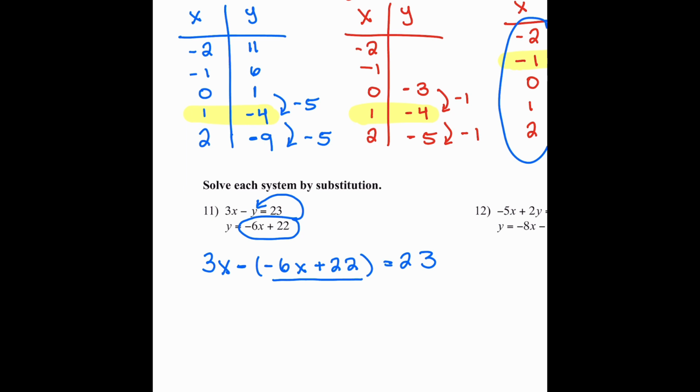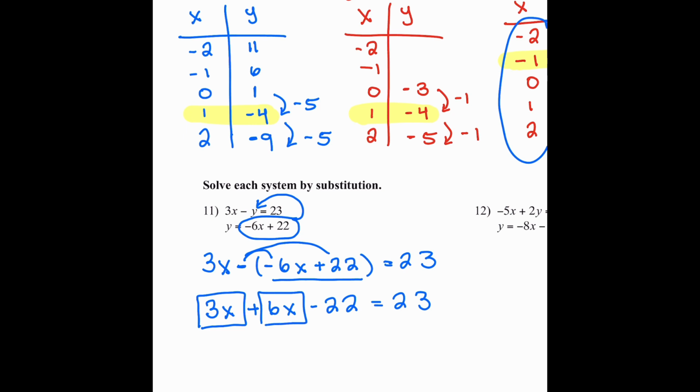And then it's time for me to solve. I have to first distribute this negative. So negative 1 times negative 6x will be a positive 6x. And negative 1 times 22 is a negative 22. I see that I have like terms, 3x and 6x.